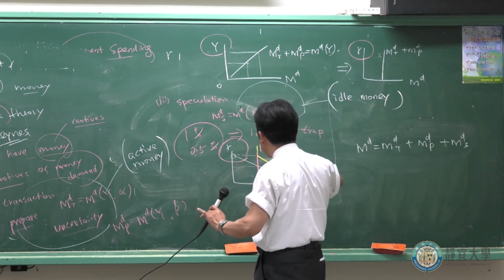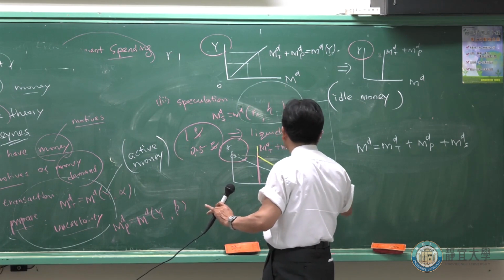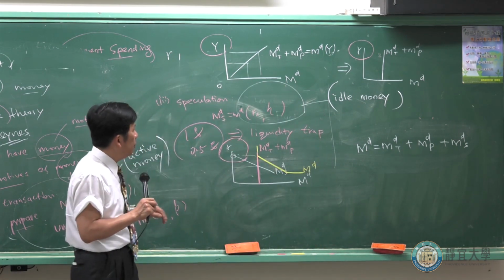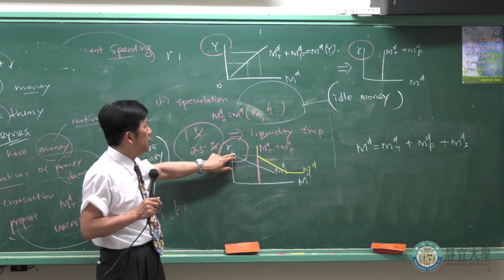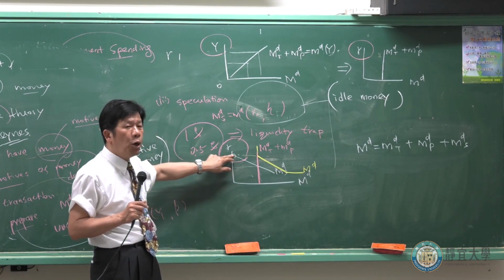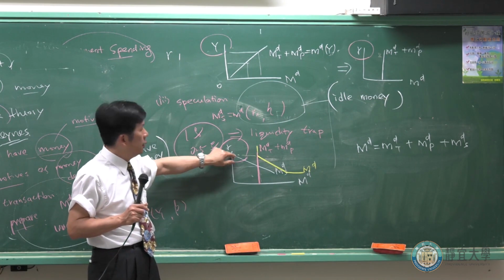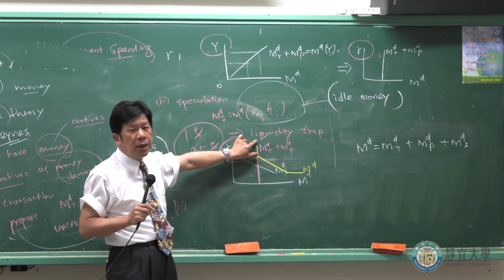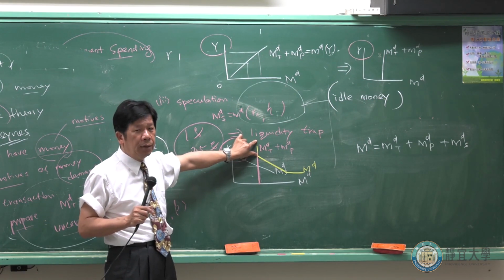So here we come to this line. Can you understand? It means if the interest rate is over this point, then the money demand becomes to here.